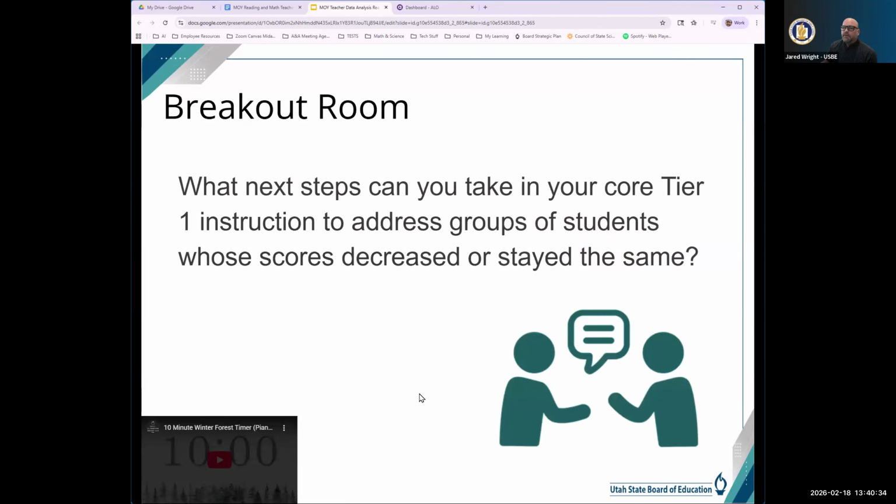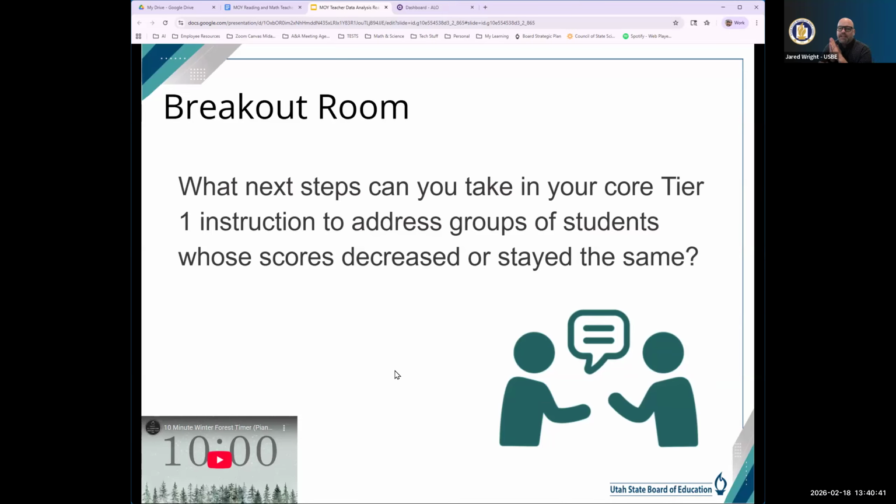Okay, let's go on. We had breakout room listed here, but we're not going to do that; this will be our breakout room. So in thinking about this question, we'd like you to either come off mute or just put it in the chat.